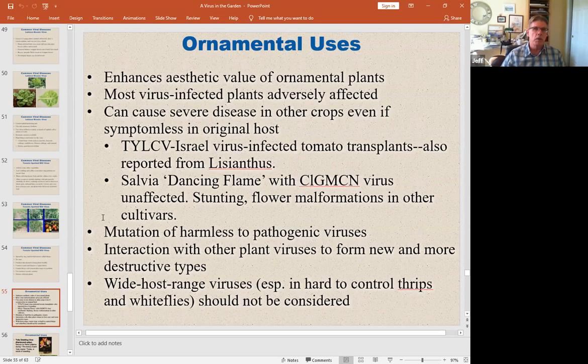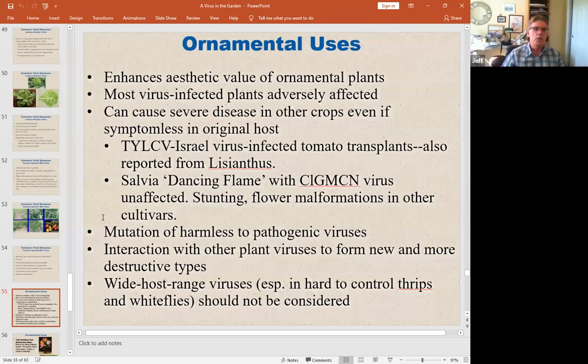Remember, we said these are very mutatable pathogens. They can change fairly easily, as you can see from flu viruses and things we're familiar with on a human level. Some insect viruses can interact with other ones. In other words, the plant comes with a virus, insects introduce another virus from somewhere in your garden, and those two together can be even more destructive than either one separately.